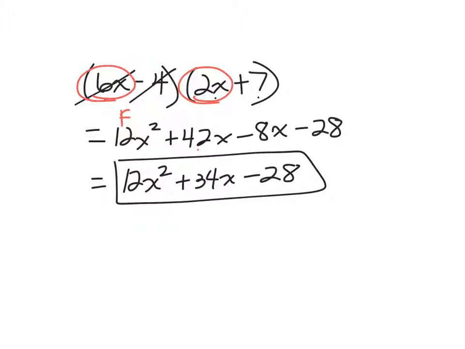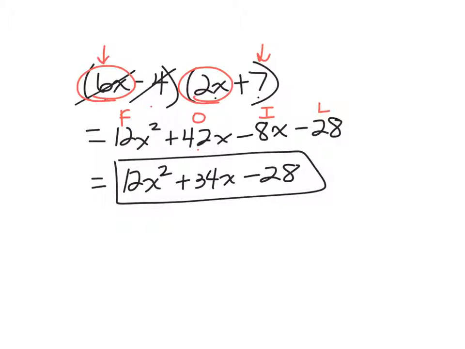The 42x came from multiplying 6x times 7, which are the two outer terms. The negative 8x came from multiplying negative 4 times 2x, which are the two inner terms. And negative 4 times 7 gave me negative 28, which came from the two last terms.